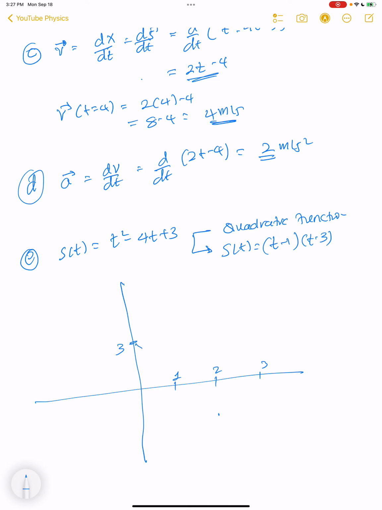So the graph of this is something like this, right? It's moving at a negative velocity up until 2 seconds here. This is time and this is position, but after 2 seconds, it will start moving at a positive velocity. So this is it. Thank you.